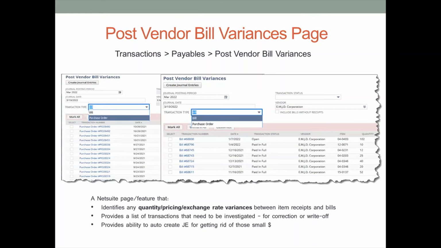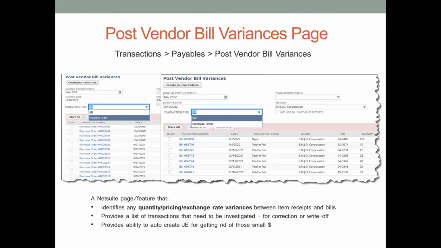Basically, anything that shows up here identifies a quantity, pricing, or exchange rate variance between your item receipts and your bills. It provides a list of those transactions that need to be investigated for correction or write-off. It also provides the ability to auto-create journal entries for getting rid of those small dollar amounts where appropriate.